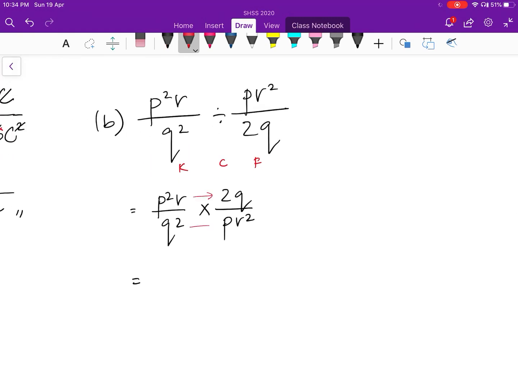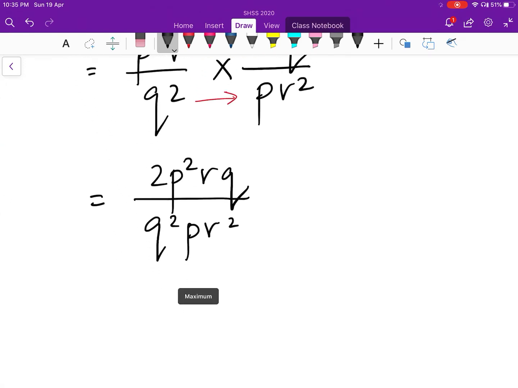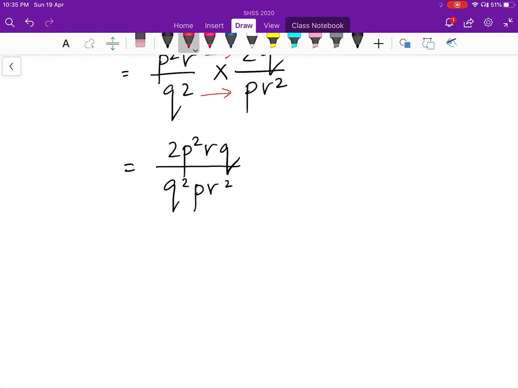The numerator times the numerator and the denominator times the denominator. Now we have P squared R times 2Q, so I will get 2P squared RQ. And the denominator, I will get Q squared PR squared. Now let's take a look at these and start cancelling.